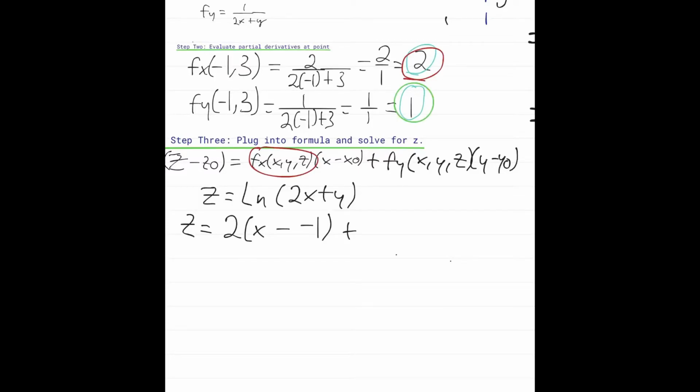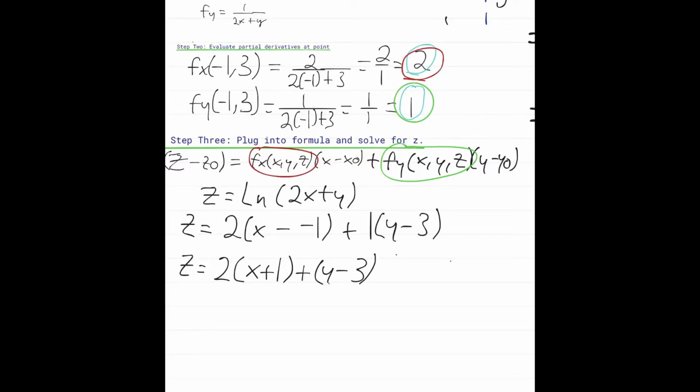Plus our partial y evaluated at the point. Our partial y was evaluated to be 1, and then we have y minus 3, and now we simplify and solve for z. So in doing so, we get 2 times x plus 1, plus y minus 3.